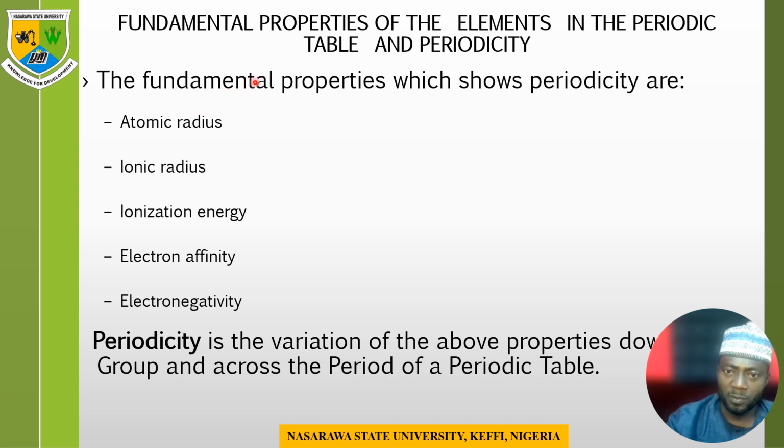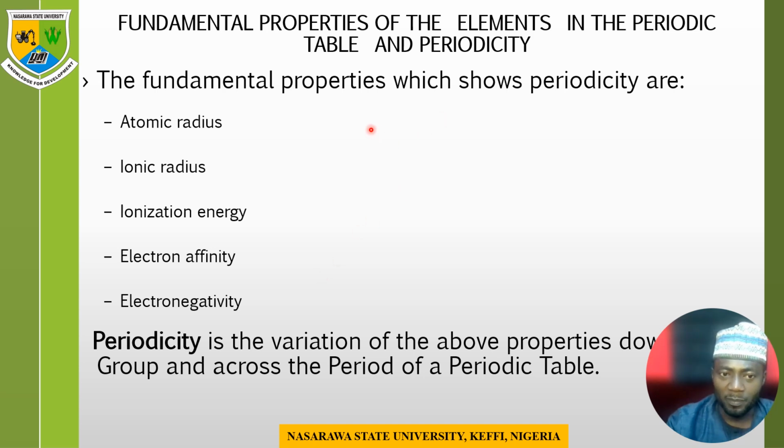The fundamental properties of these elements, which vary periodically down the group and across the period, are as follows. We have atomic radius, ionic radius, ionization energy, electron affinity, and electronegativity.